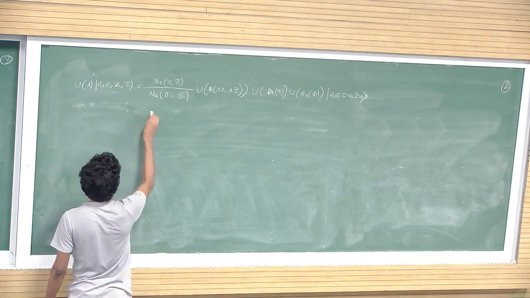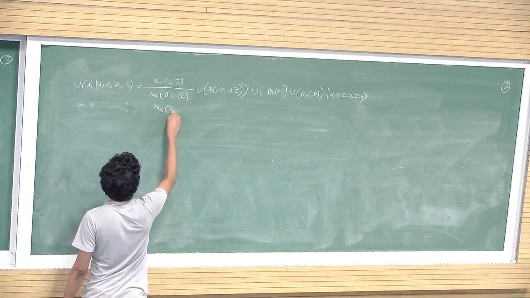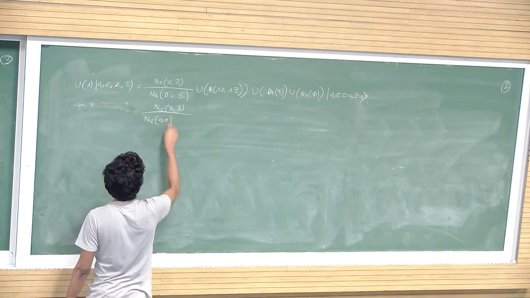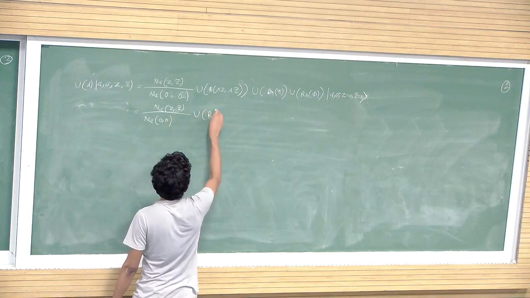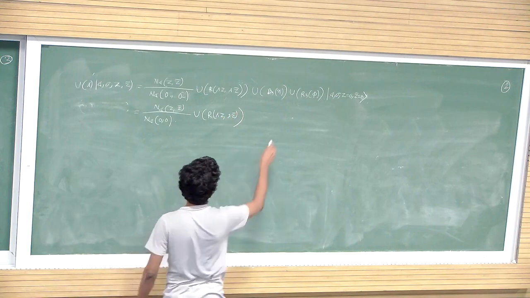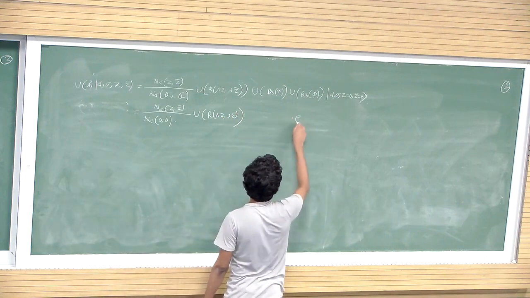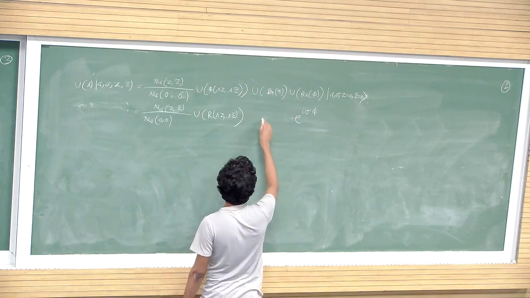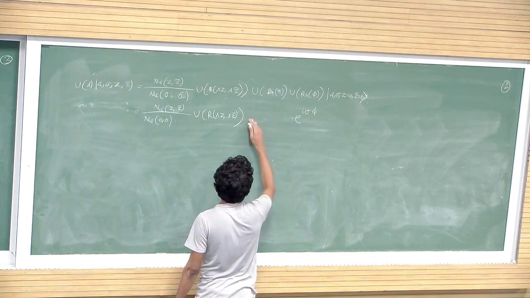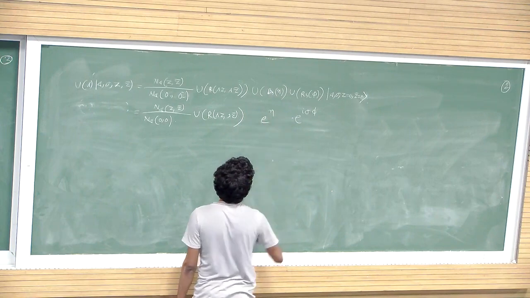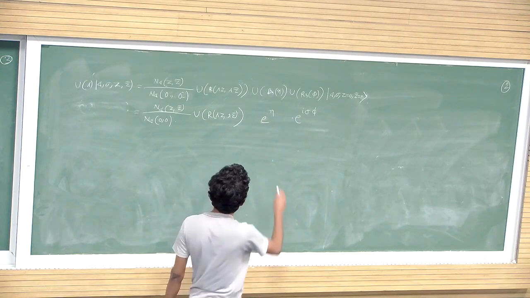So then this is N delta z bar, N delta 0 comma 0, U of R lambda z bar, and this thing will give you e to the i sigma phi, and this thing will give you e to the eta into delta.